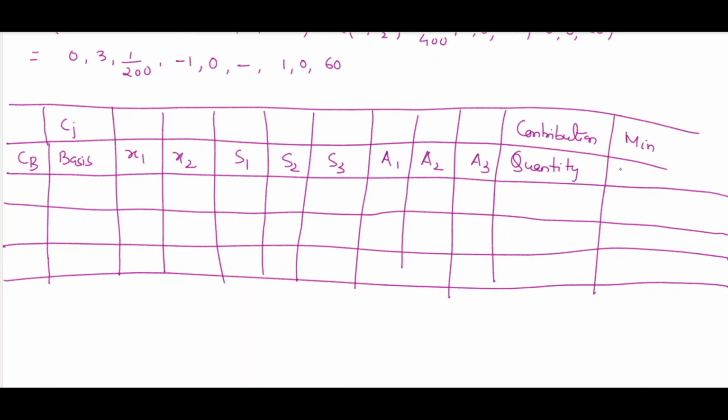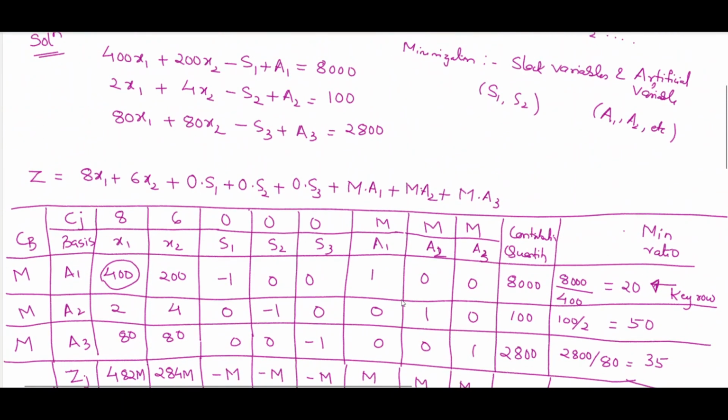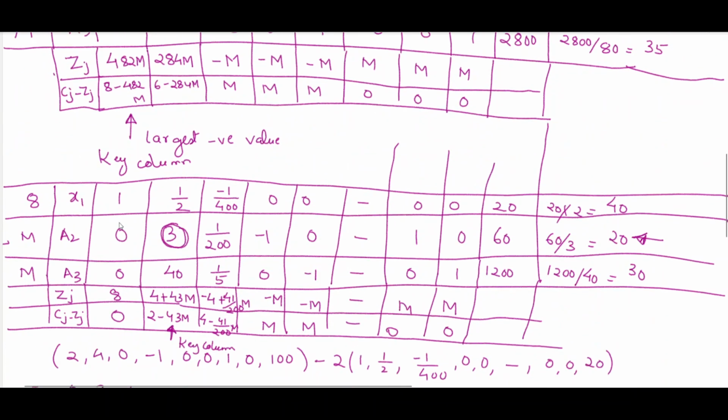Here it was your coefficient fixed 8, 6, 0, 0, 0. It was your M. You see, always remember that your contribution, that is your coefficient of your variables in the objective function, always remains same.